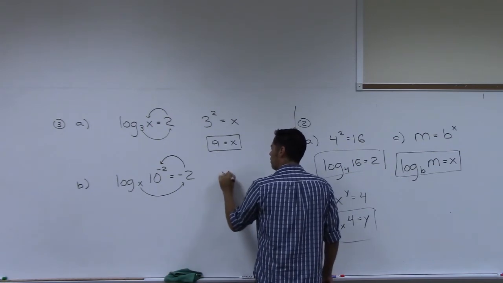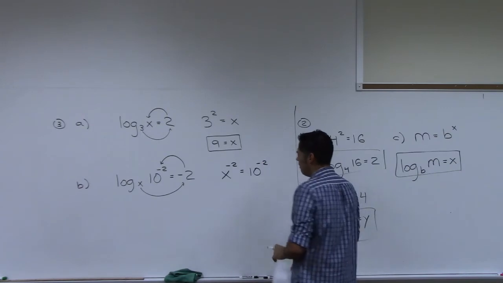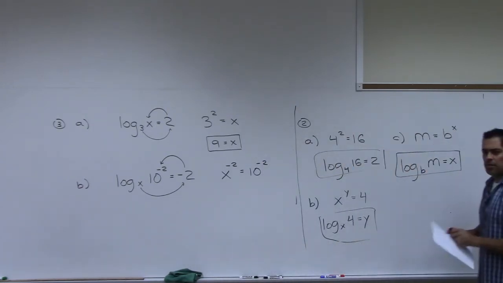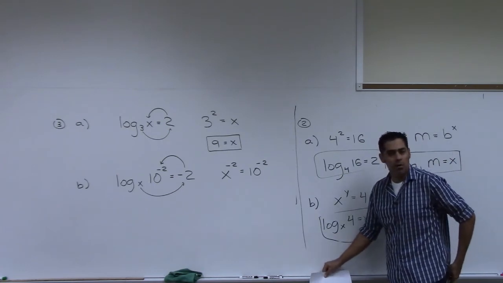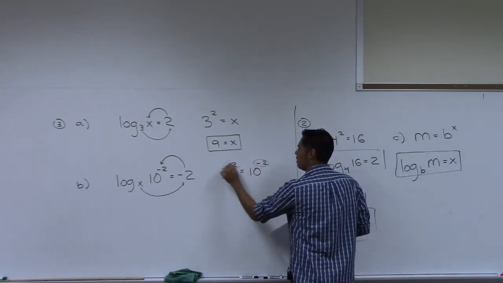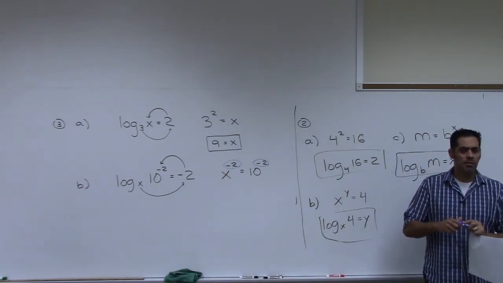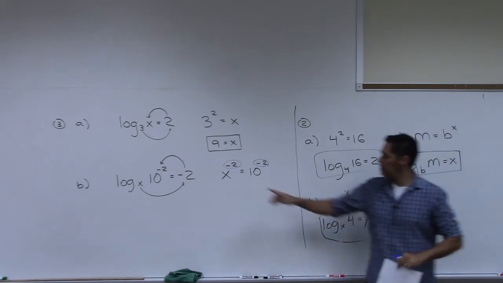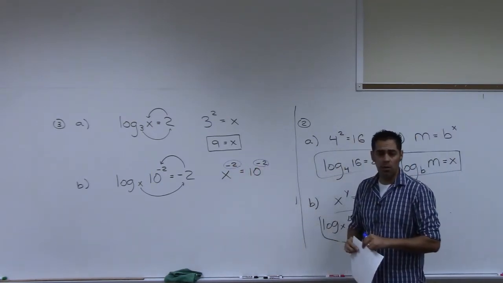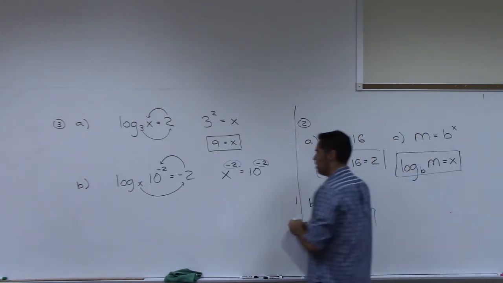Now that looks kind of weird, but just think about this equation. If they're equal, and if they both have the same exponent, negative 2, then the bases have to be equal, don't they? So x would have to be 10 here to make these match, wouldn't it? So you don't need to do any other work other than just visually inspect that x is equal to 10.